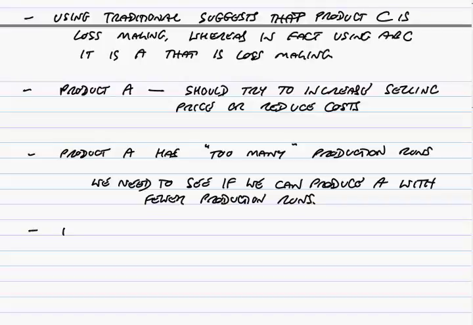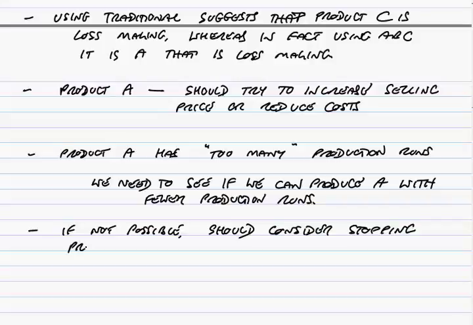If it's not possible, well, if A is loss-making, we should at least consider stopping production of A and making more of B or C. I say consider, maybe we can't make more of the others, but it's A we should focus on.